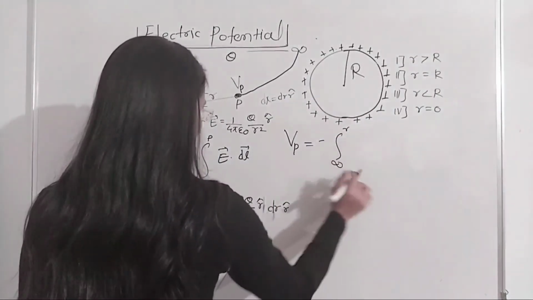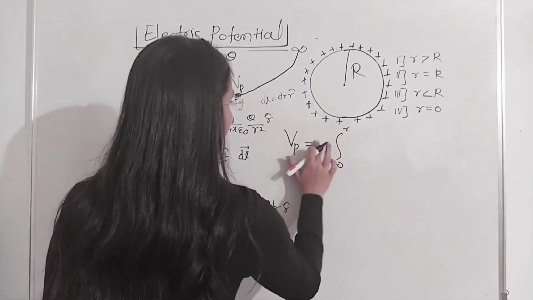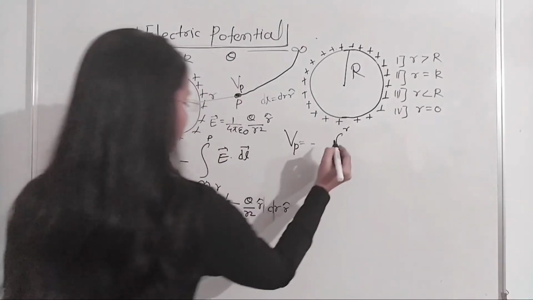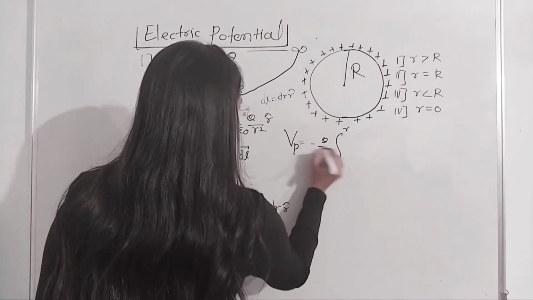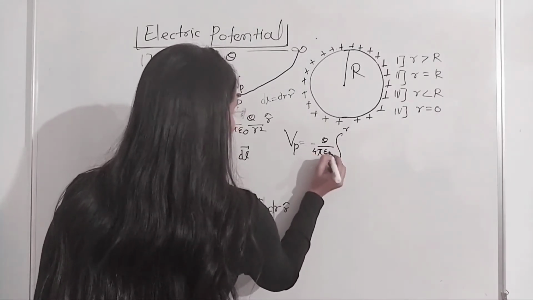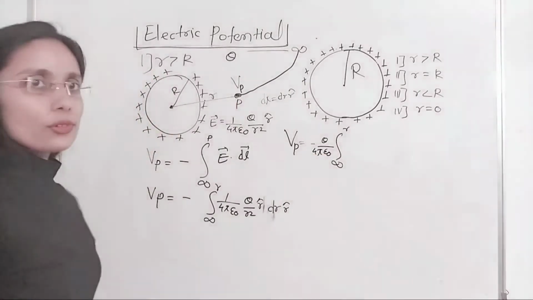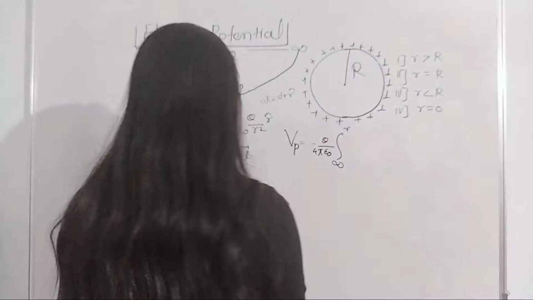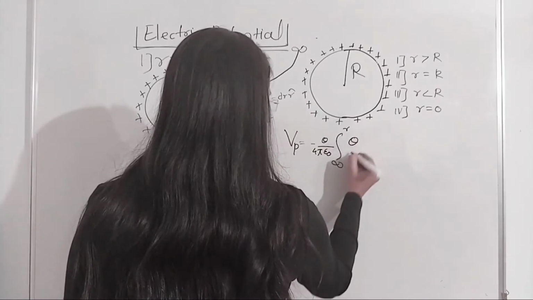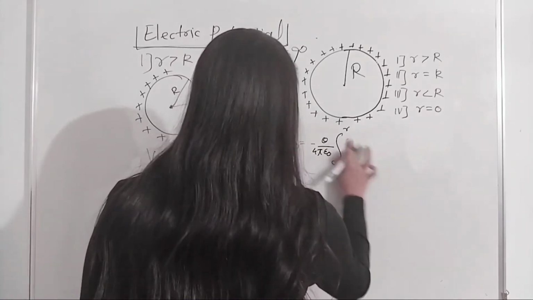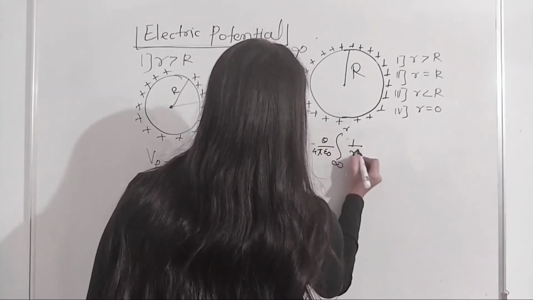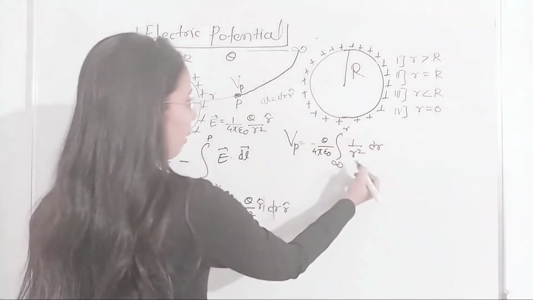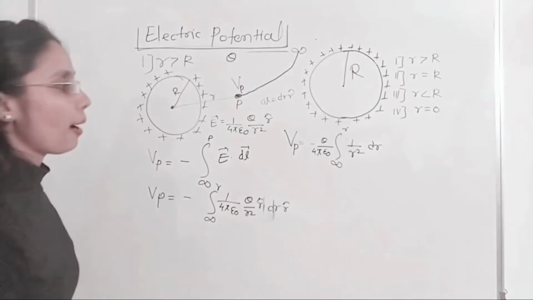We take the constant term, q by 4 pi epsilon naught, outside of the integration, leaving 1 by r square dr. The integration of 1 by r square is minus 1 by r.